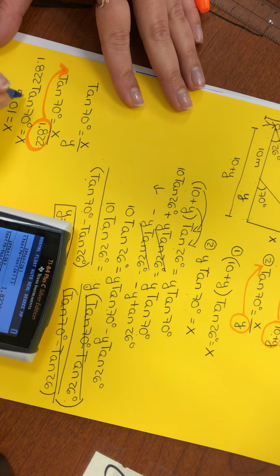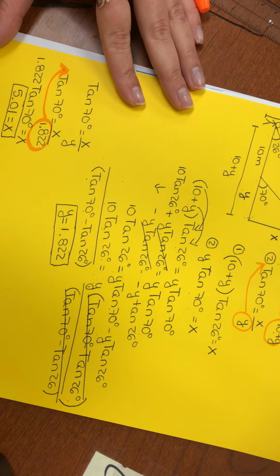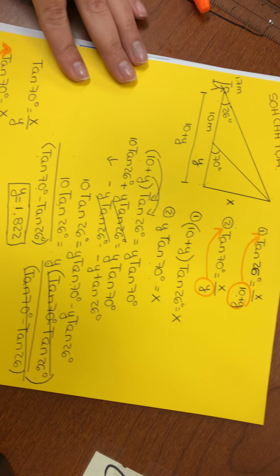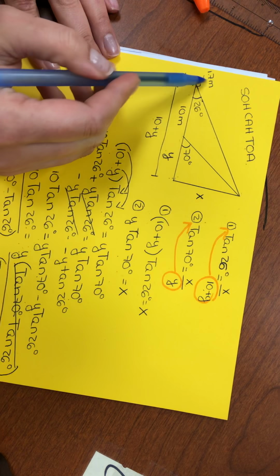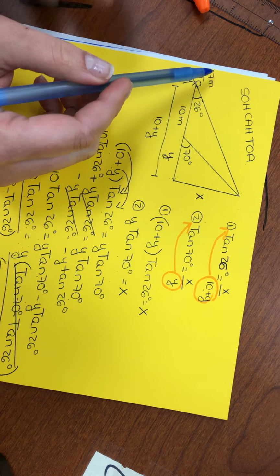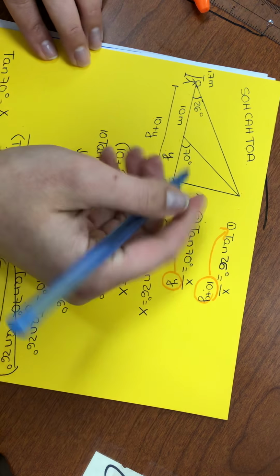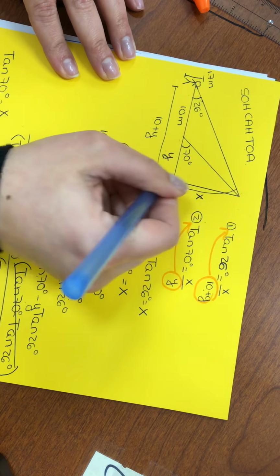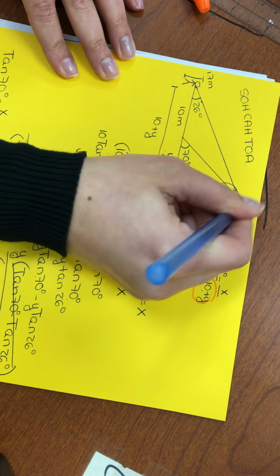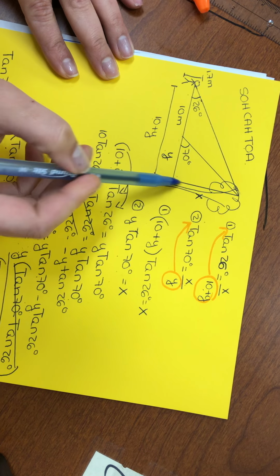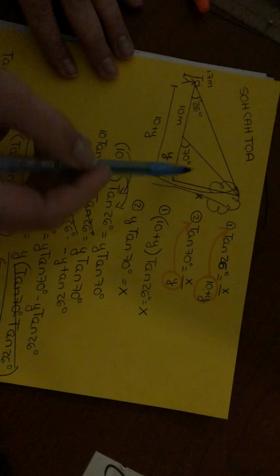Then I am not done yet because I still have to add the height of Mrs. Long, because x is basically just, if this is my tree, x is just the value of this height right here.